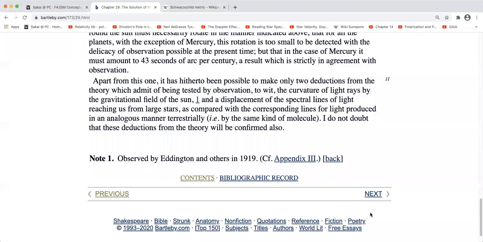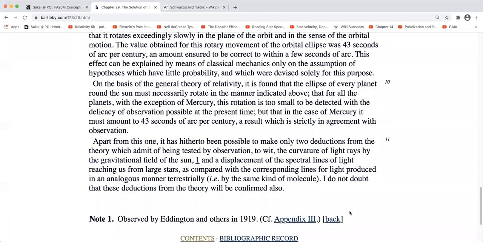Let's go on to Einstein's text. I want to point out that there might be a problem if you're using a different text than the one we're using in class.